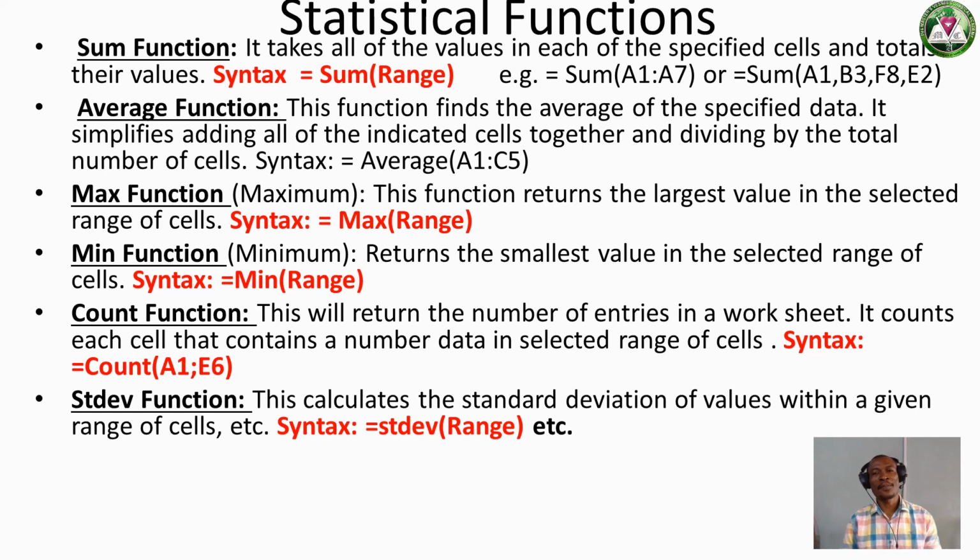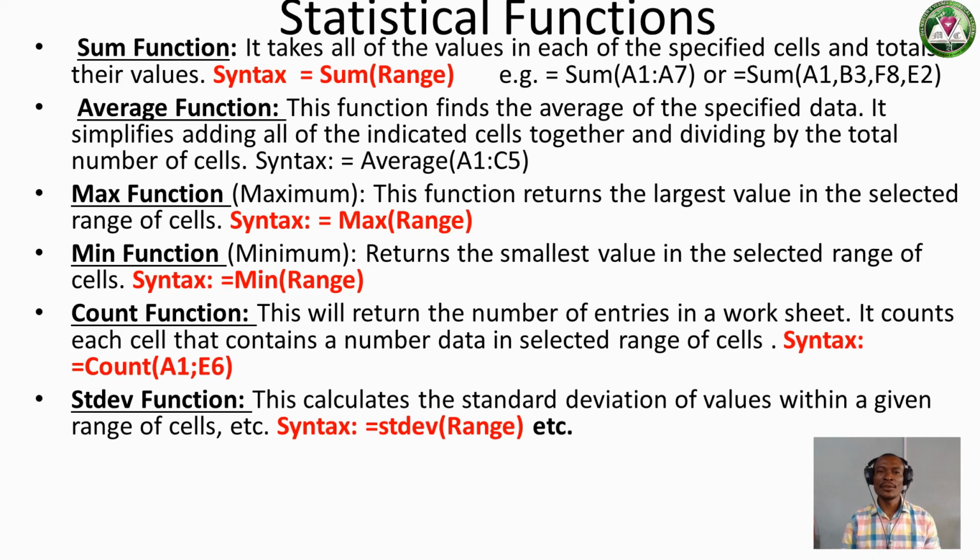When you have A1 to A3 or to A5 or to B6, that is the range. A1 to A5 is a cell range. So when you are trying to use the sum function, you put the equality sign first, type sum. In bracket, you now put, depending on the range of the cell, A1 colon A5.